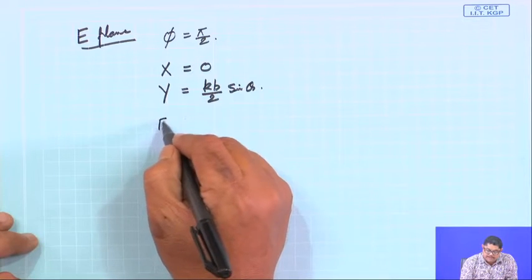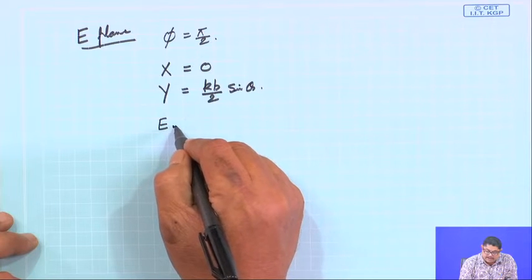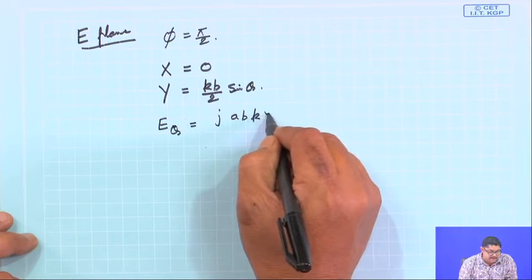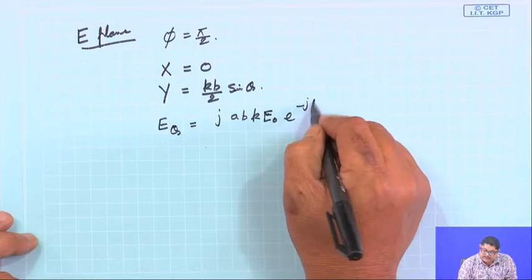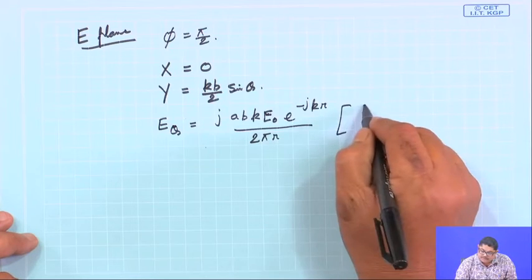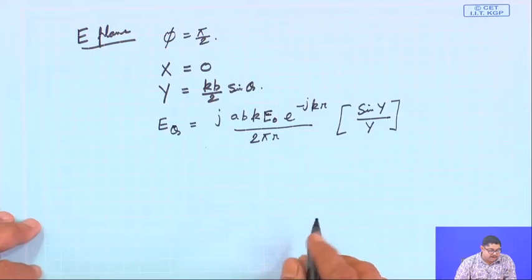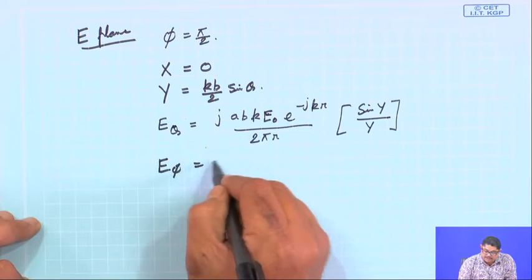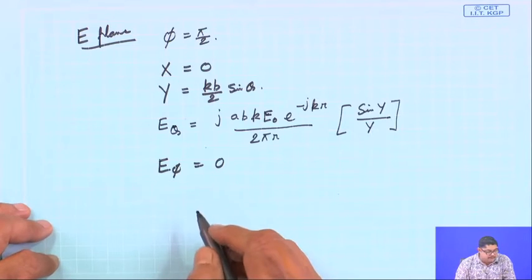In the E theta, E phi expressions, E theta is j a b k E naught e to the power minus j k r by 2 pi r, sin y by y, and E phi becomes 0. So in the principal plane you do not have E phi.